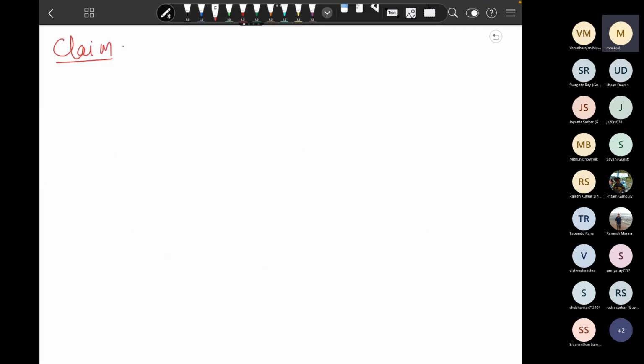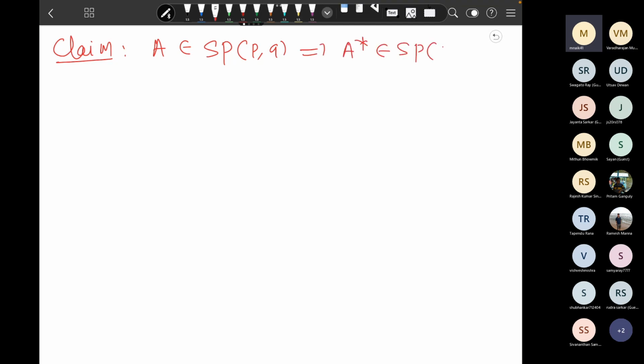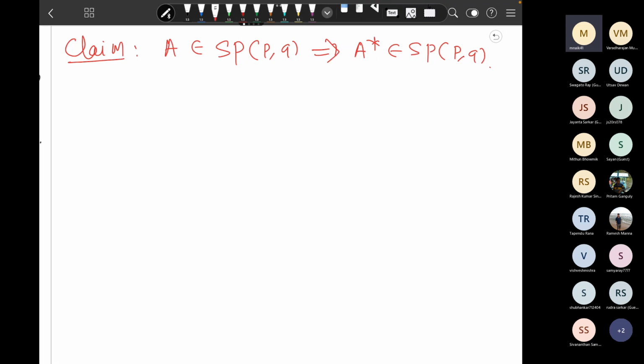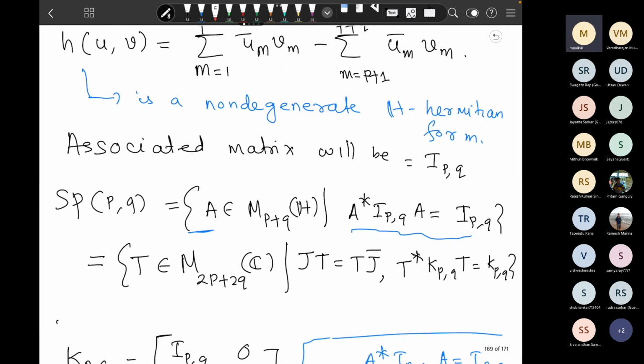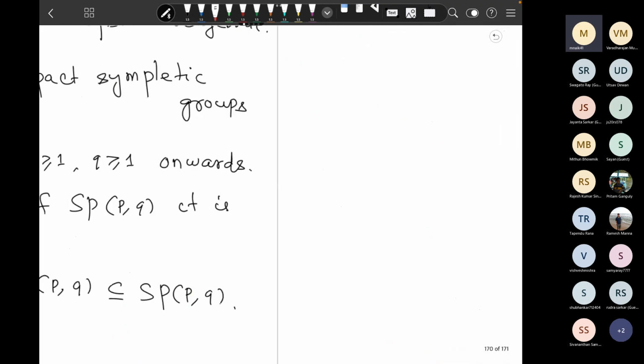Claim: A belongs to SP(P,Q) implies A star belongs to SP(P,Q). You can use the complex picture and prove that if A belongs to SP(P,Q), this implies A star belongs to SP(P,Q). But I will use the quaternion picture just to show that there is no difference at all.